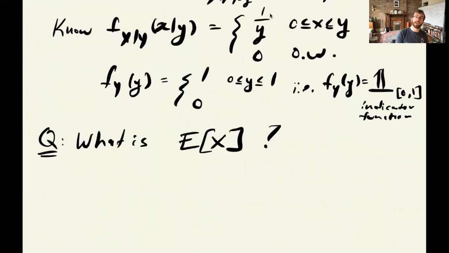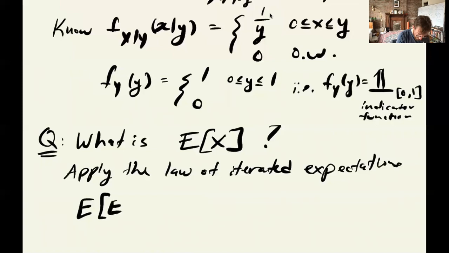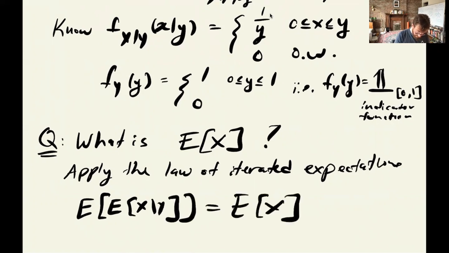So let's first apply the law of iterated expectation. Says that the expectation of E of x given y is equal to E of x. All right, so we need to figure out what is this E of x given y business.